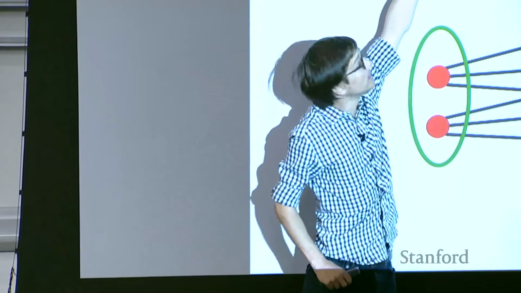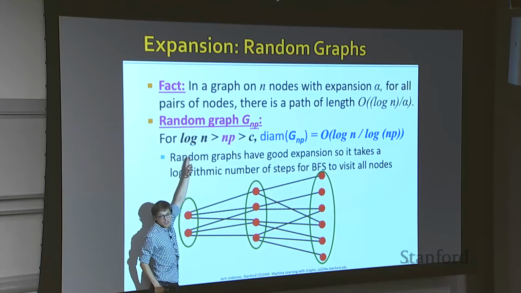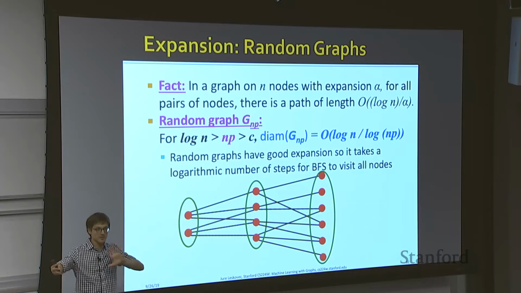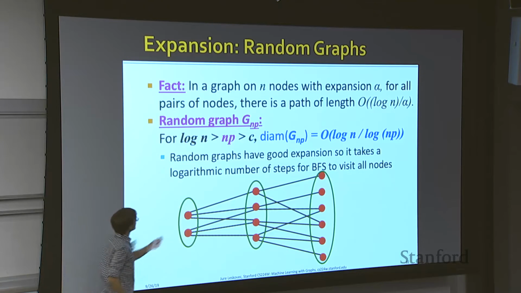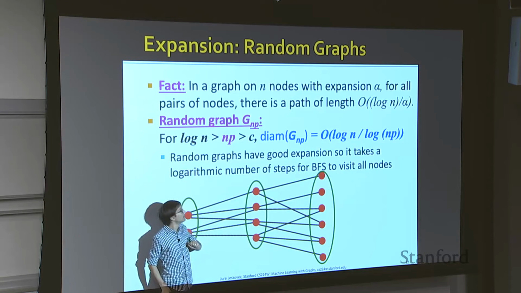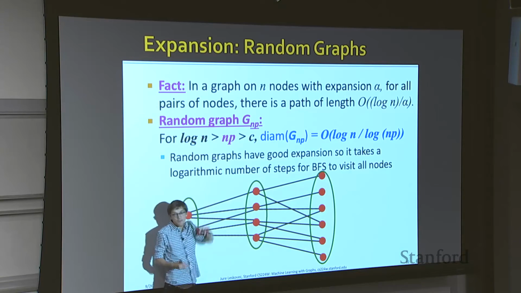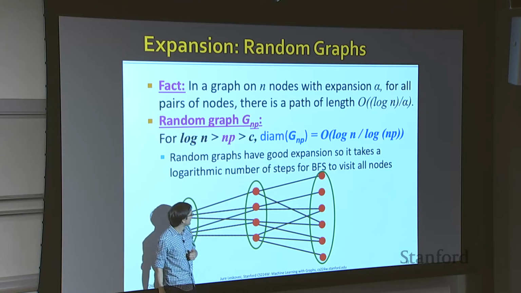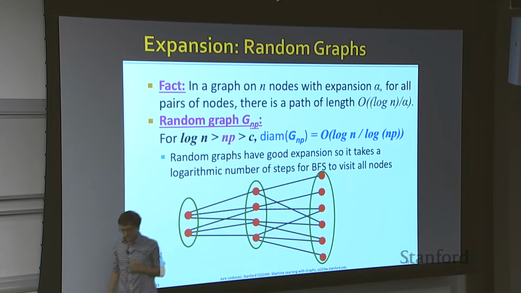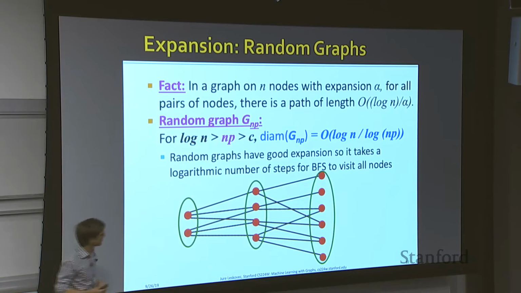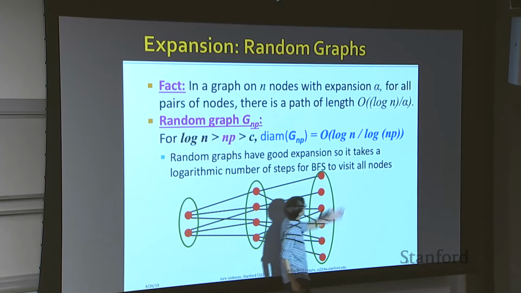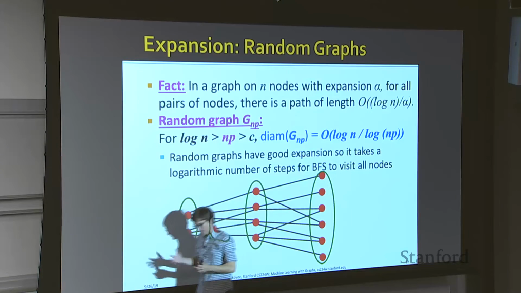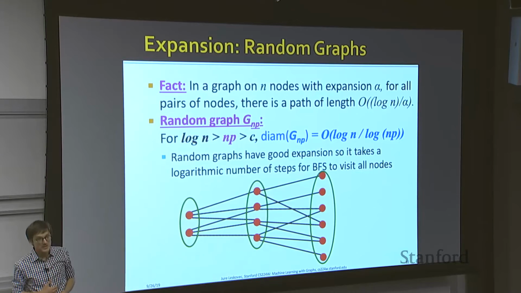And when the degree reaches log n, I will essentially have a graph with constant diameter, which means a fully connected graph. Generally, average degree is like 5 or 10, so it will be less than log n. So the diameter is logarithmic in the size of the graph, meaning it should grow logarithmically with the size of the graph.